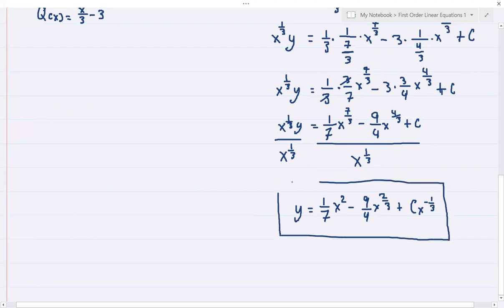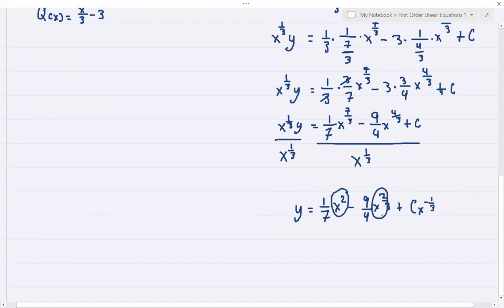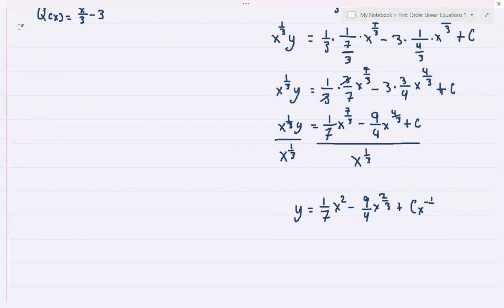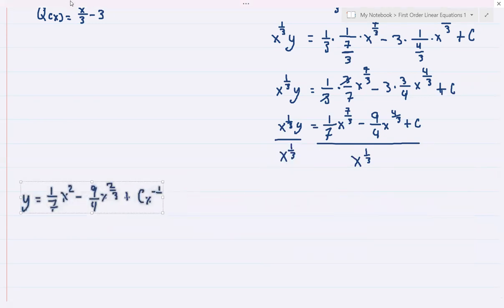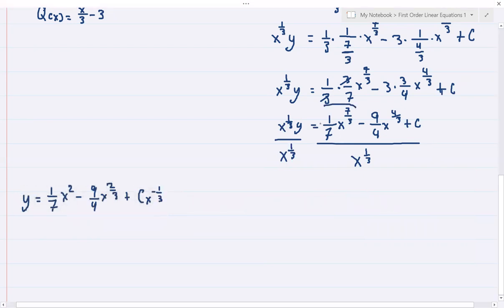So here's the thing. If you still don't get it, how come I got x squared and x raised to 2 thirds? Okay, so let's do it slowly. First, let me erase this one. Oh, no. Let me put it here. Okay, there we go. So let's start first with this one.